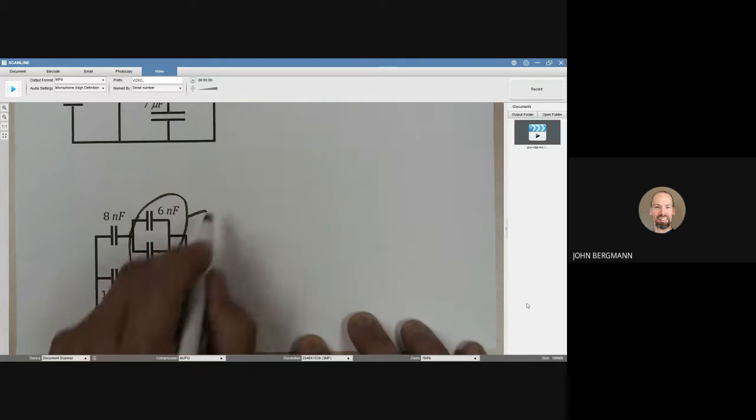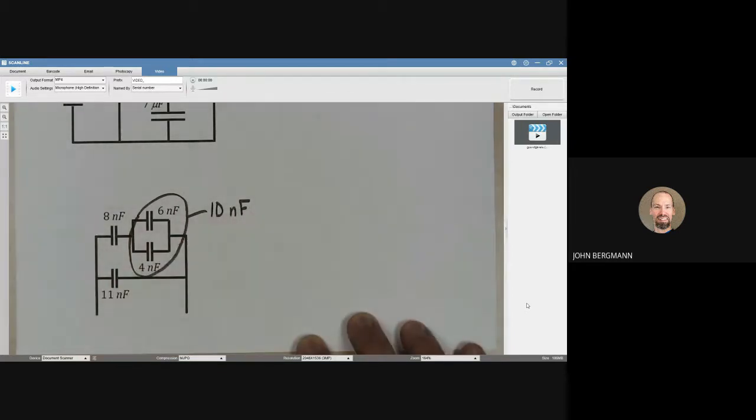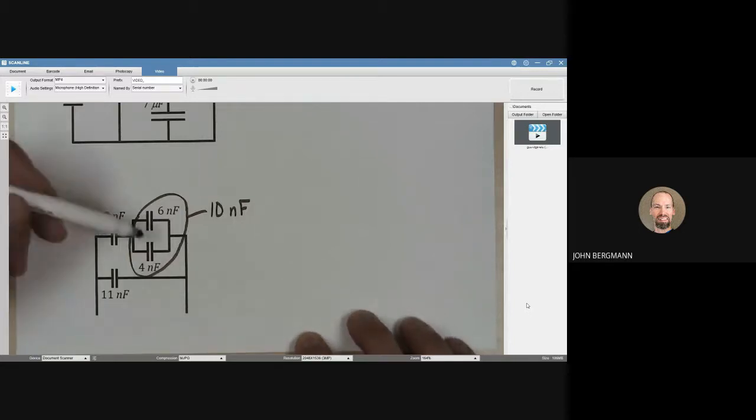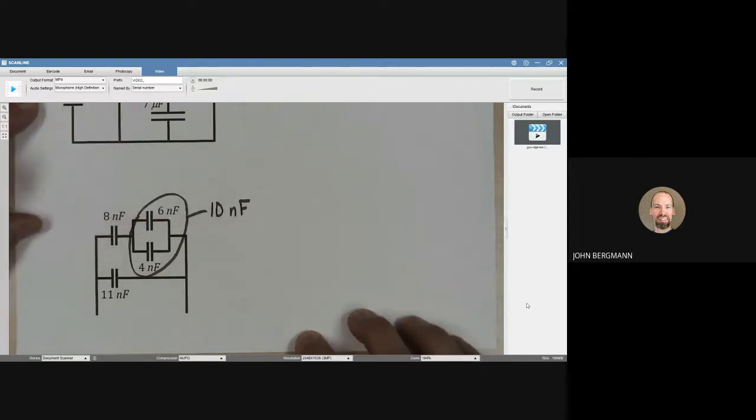Well, those two are in parallel, so wouldn't that be 10 nanofarads? Again, we're not really going to do that, but we can pretend. If I tore that out and wanted to put an equivalent capacitor in there, I would put a 10 nanofarad capacitor in there.